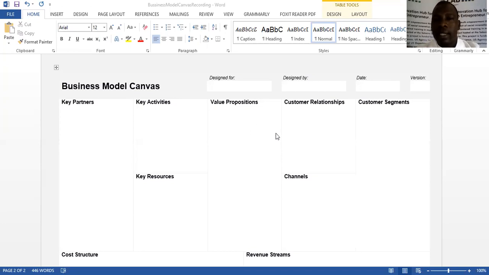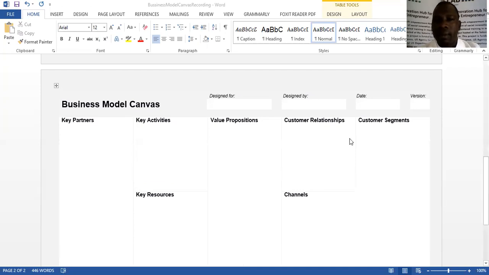The customer relationship: how to keep in touch with the customers so that they can be permanently related with your business.